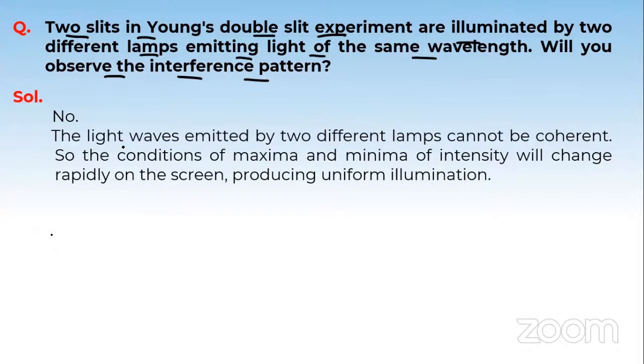The answer is no. The reason: the light waves emitted by two different lamps cannot be coherent. The condition is that they must be coherent. Coherent means basically fixed frequency and fixed phase difference. Remember this.